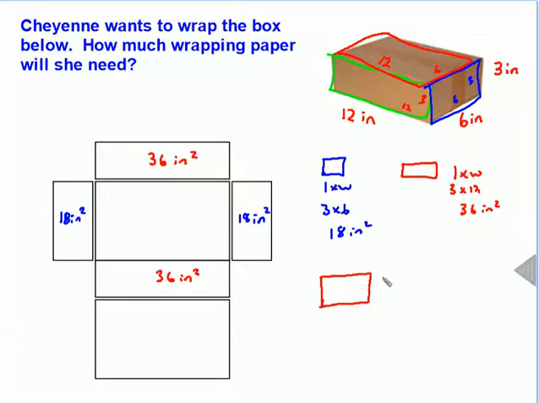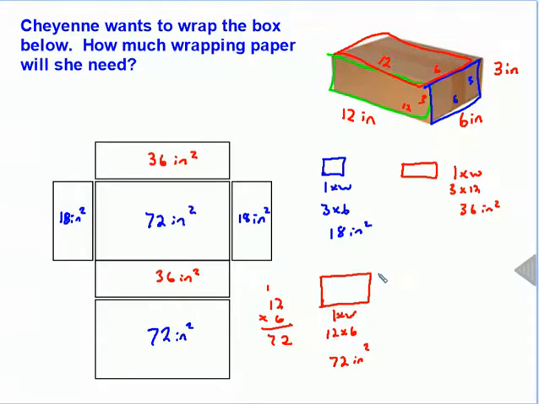And it's going to be length times width, which is 12 times 6. And do you remember what 12 times 6 was? Let's try it. 6 times 2 is 12. Carry the 1. 6 times 1 is 6 plus 1 is 7. 72 inches squared.